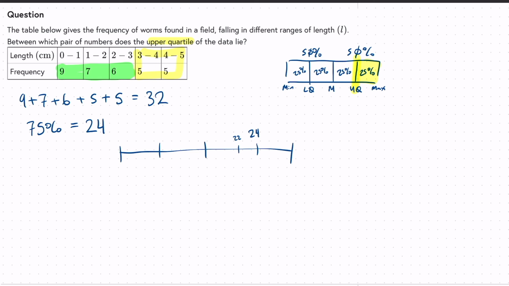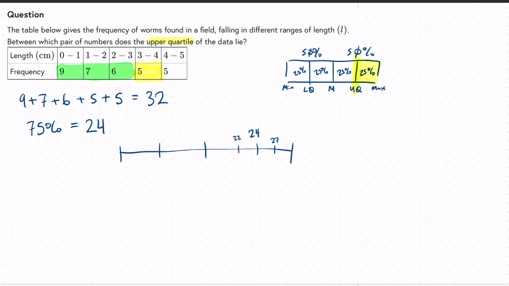If I take 32 and I minus 5, that's going to take me to 27. And so what I find is, in this space here, right between 3 and 4, is where my upper quartile is going to lie. Because if I'm 5 below, so 27, that's within the upper quartile, but it's not marking the upper quartile.